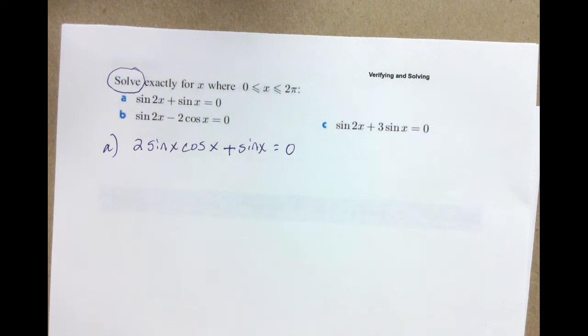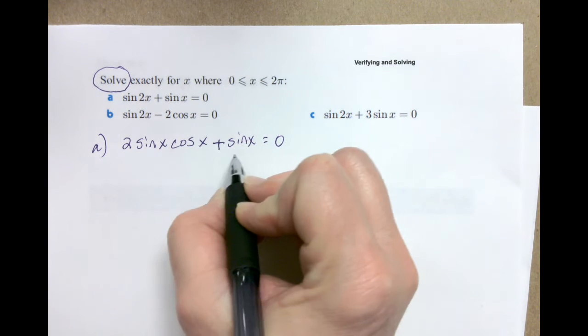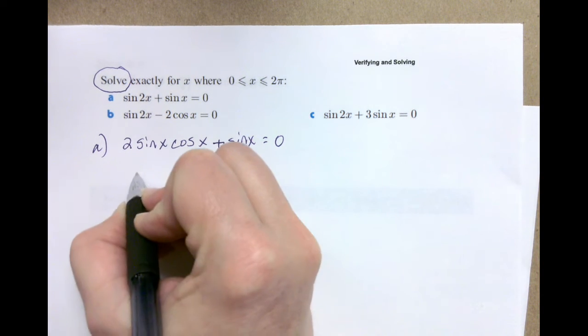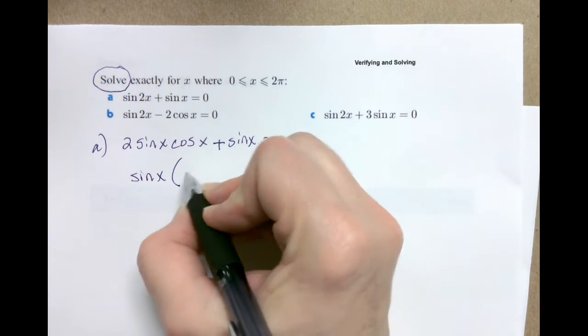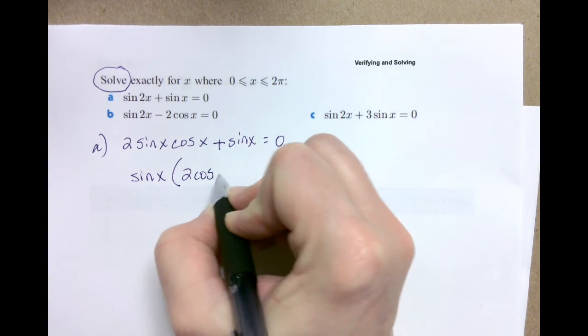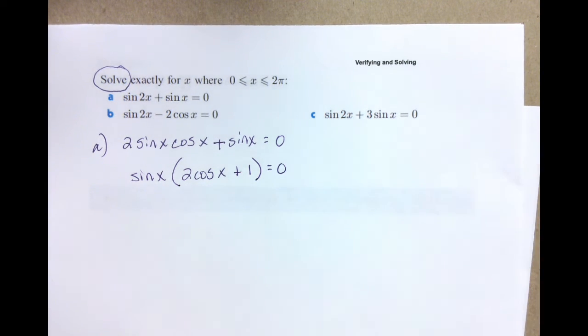Now, you may or may not have solved this in that unit. Let's do cosine x. What can I do? You can factor out the sin x. Sine of x times 2 cosine of x plus 1. So now we have two problems.